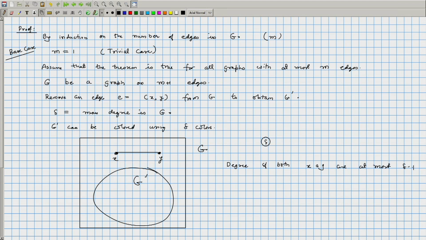Okay. So there is an unused color left at x and y. So if you look at the vertices x and y in the graph G prime, there is some color that is unused. Okay. So let alpha be the unused color.